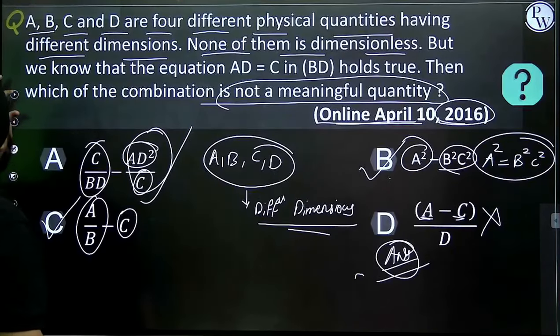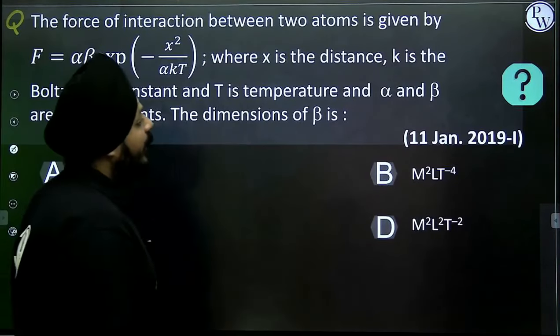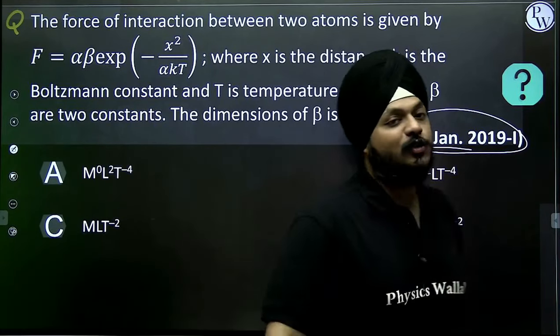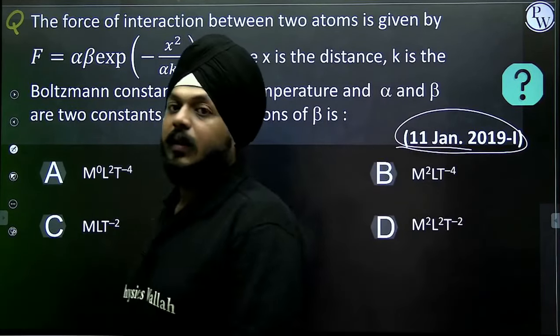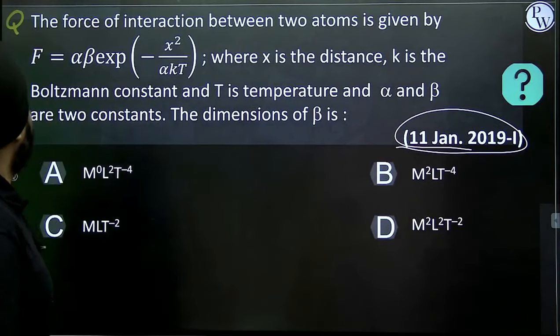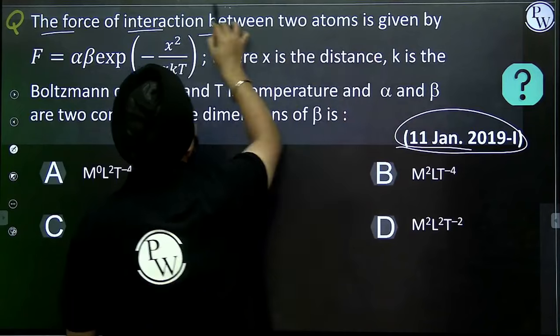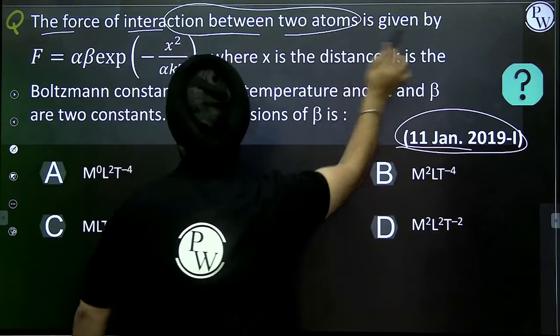Now, let's move on to the next PYQ. 11th January 2019, phase 1. The force of interaction between two atoms is given by this equation.